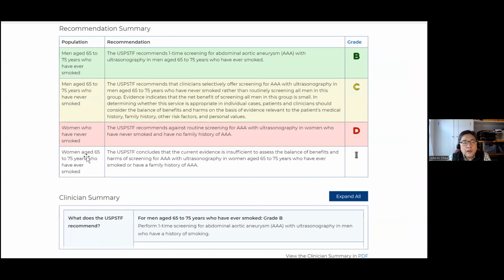And so the USPSTF grades, letter grades, so it's a lot like grades from school, so A, B, C, D, and then I, which is inconclusive or not sure. So A and B are considered higher grade evidence. C is where there's not clear benefit, and D is potentially certainly no benefit, but also harm. So that's the way USPSTF grades their information.